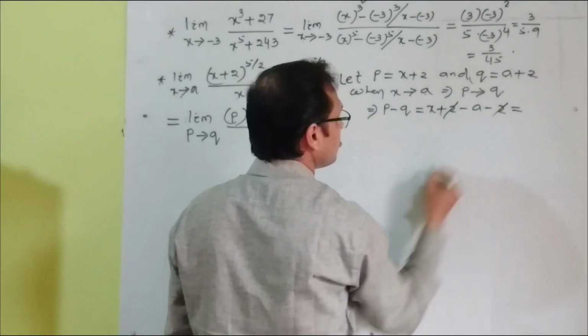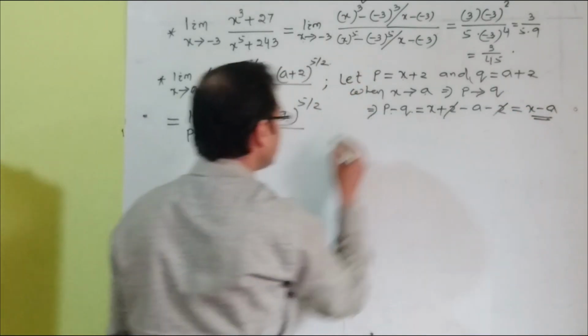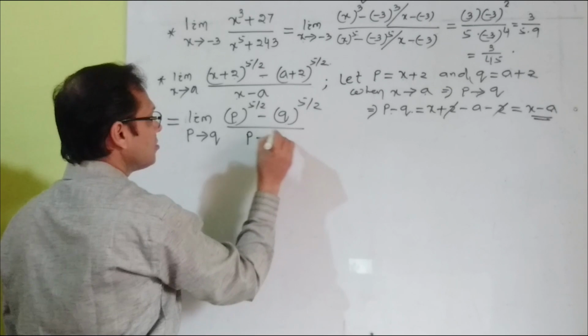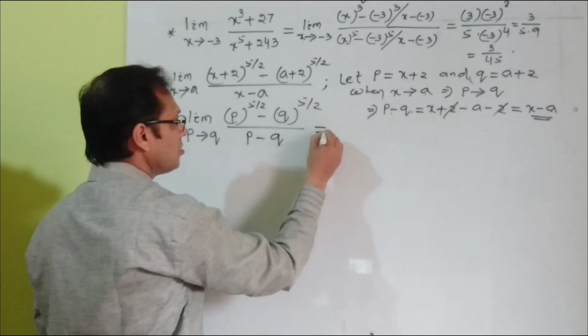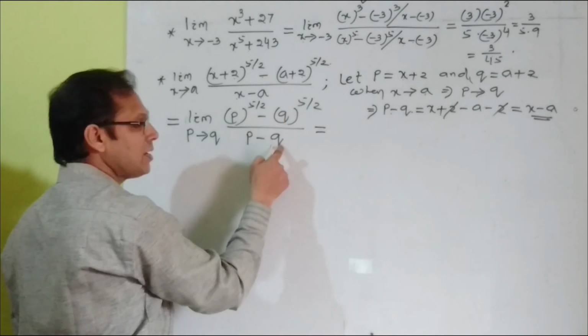This is nothing but the 2 cancels, that is x minus a. So x minus a can be written as p minus q, isn't it?